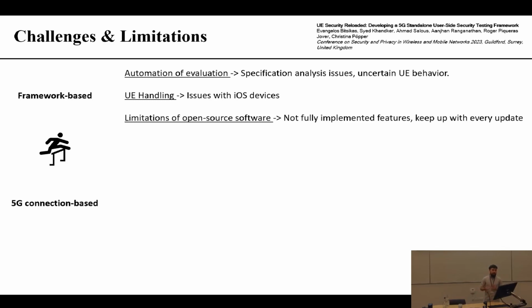And of course, there can be uncertain UE behavior, and it is very difficult to handle automatically, so we need manual effort. For UE handling, of course, I mentioned earlier that we have the iOS devices. We need to use the airplane mode, for example, manually. And there are limitations in the open source software, because if you want to test some features that are not implemented, you won't be able to do so, and then you have to keep up with every update, which means that you have to change the code every time.